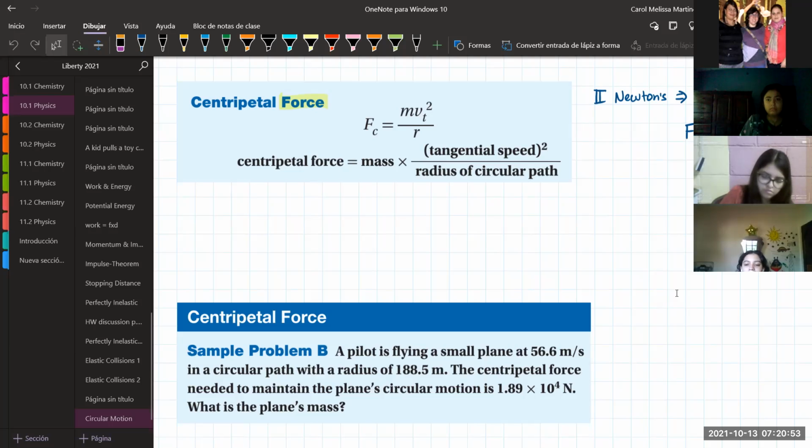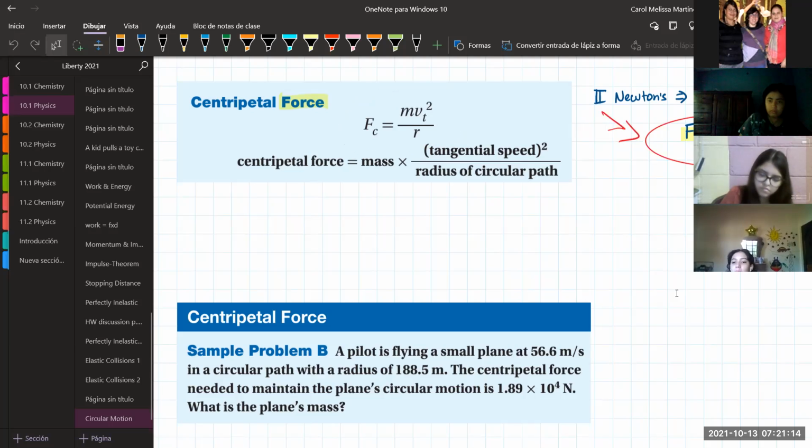So this is the equation that we are going to use to find centripetal force. And you might be thinking, Miss, but that formula is different than the one that you are giving us. They are not the same formula. Okay? Yeah, it doesn't look the same.